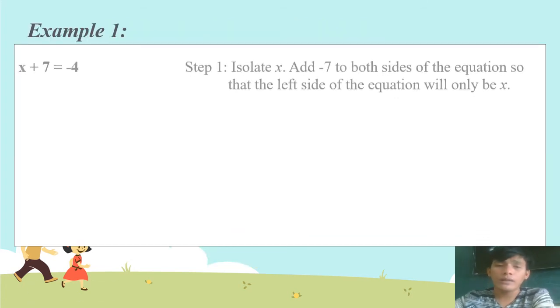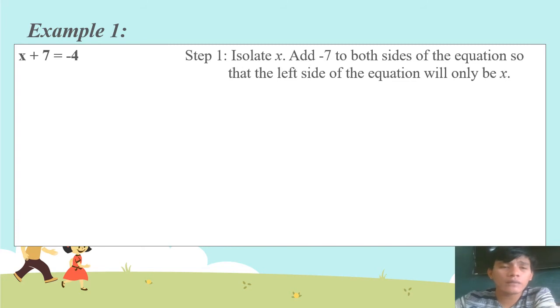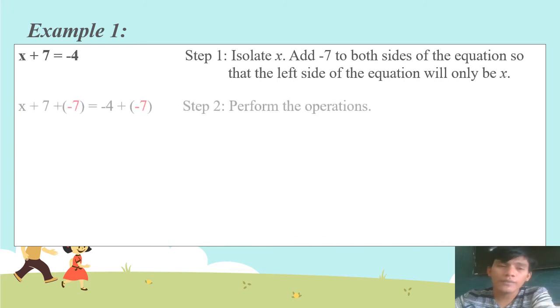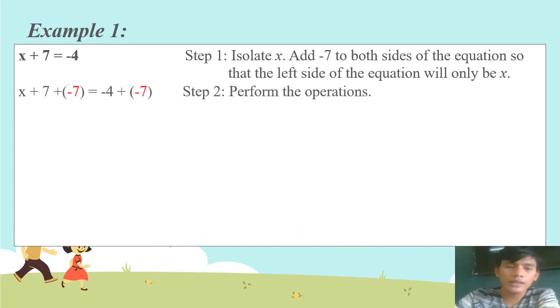Example, x plus 7 is equal to negative 4. Isolate x and add negative 7 to both sides of the equation so that the left side of the equation will only be x. So we will add negative 7 to each side. Negative 7 here and also negative 7 here.